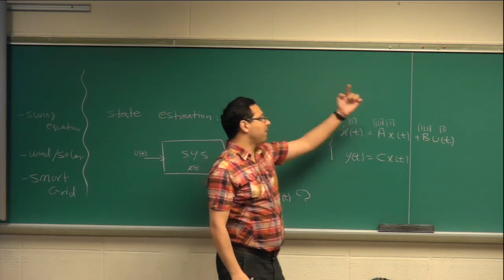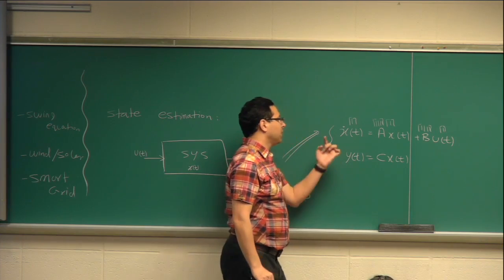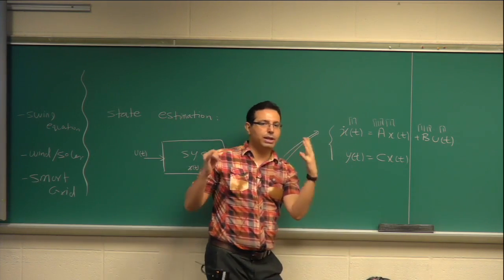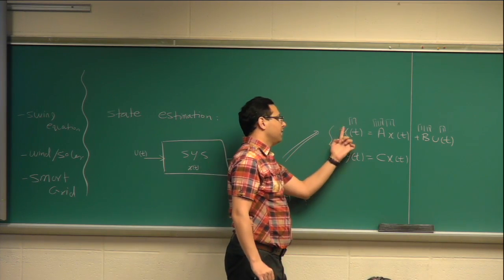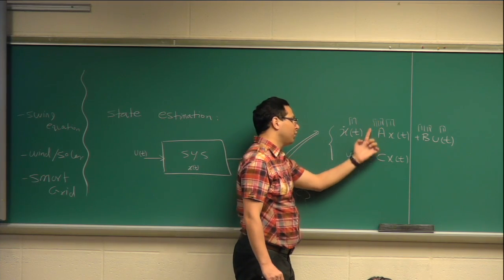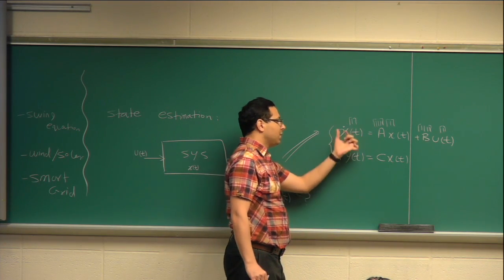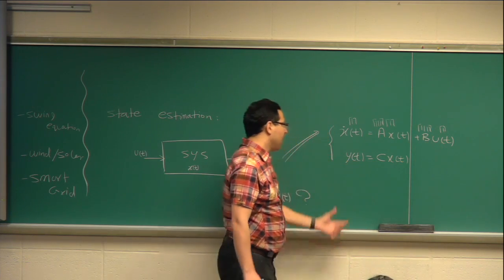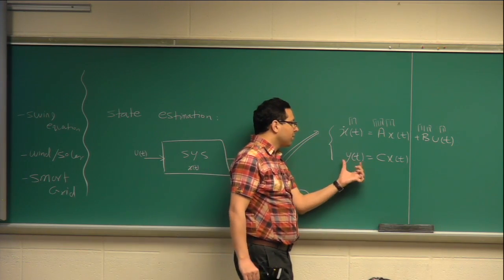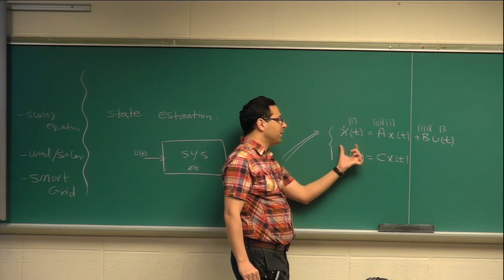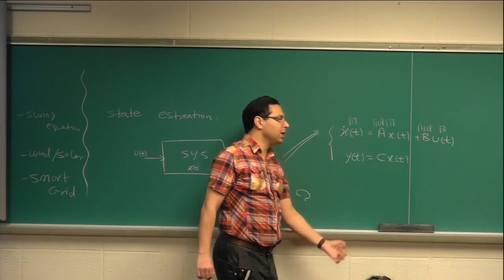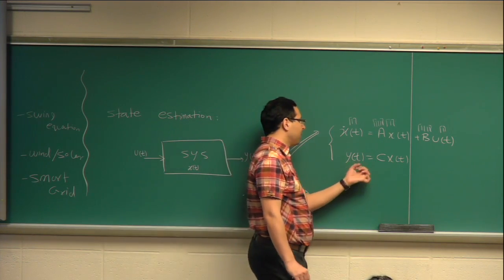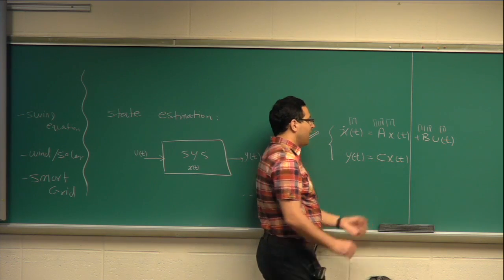So if I apply the input u, I'm going to get some state x, or putting it differently, I can take the derivative to the right side, that's integral. X as a trajectory depends on the history of x and the history of input. And output is some measurement. Measurement is a combination of the state. For a linear system, we assume that measurement is a matrix multiplied by x.